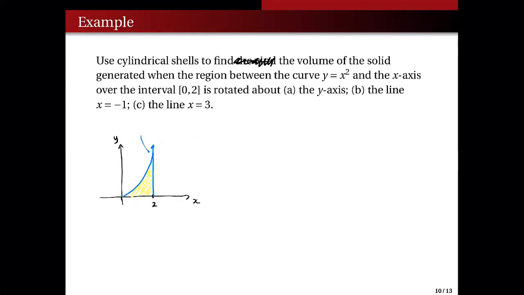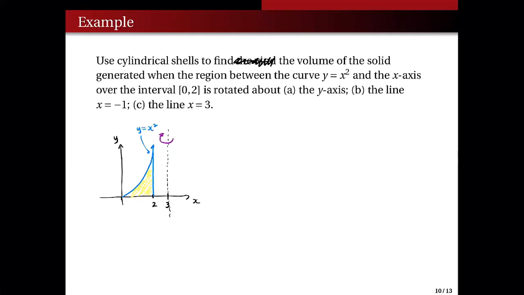So this guy is your y equals x squared. The line x equals 3 is somewhere here. This is your 3. So the axis of revolution is this line. This is where you will revolve the region. It's still vertical.